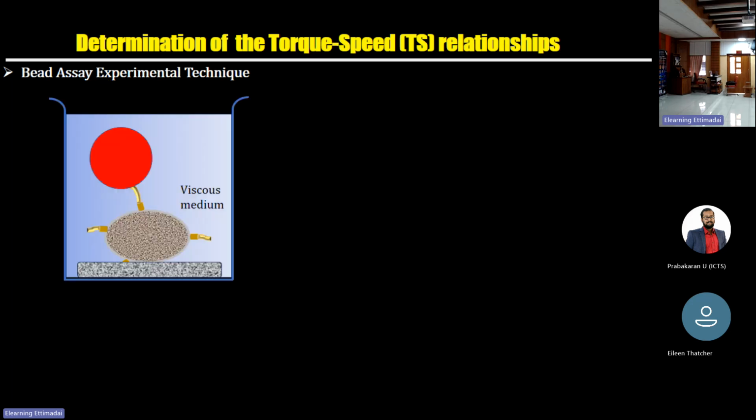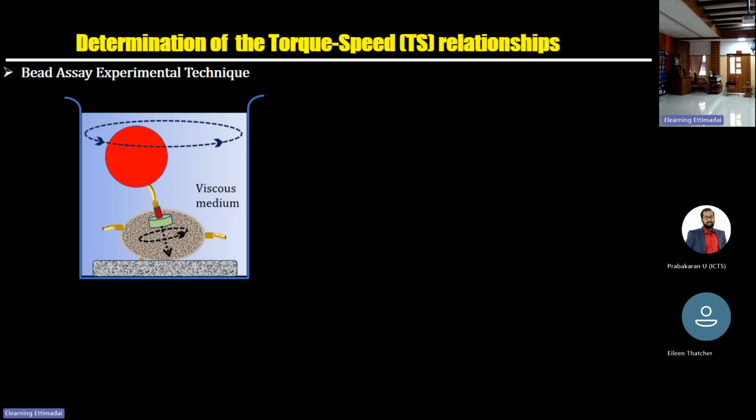Then it is immersed in a viscous medium and firmly attached to a glass coverslip. Then one latex bead is attached to this truncated filament, and you can observe the rotation of the bead.